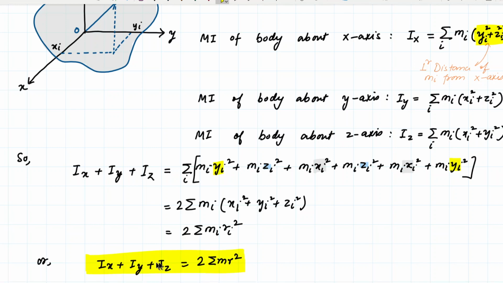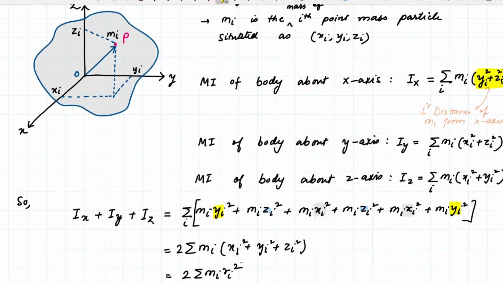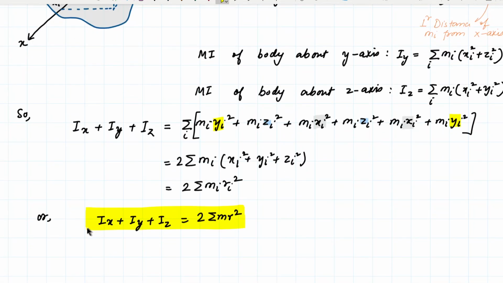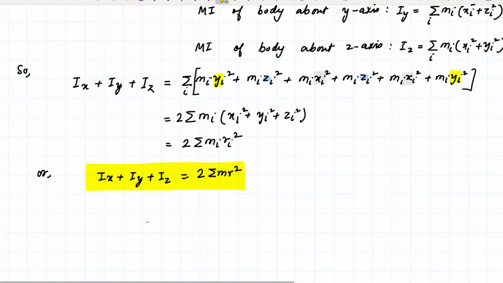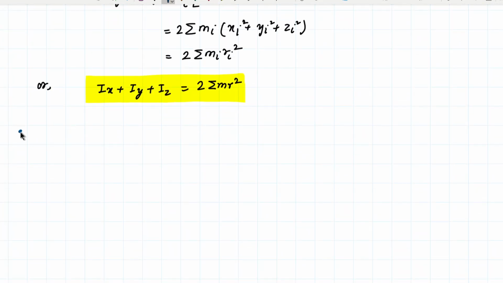So the perpendicular axis theorem for a three-dimensional body simply states that the sum of the moments of inertia of the body with respect to three perpendicular axes is equal to twice this particular quantity mr square. Okay, I will write the statement.